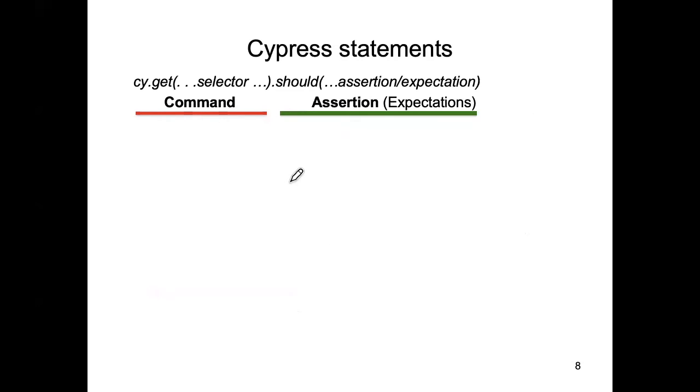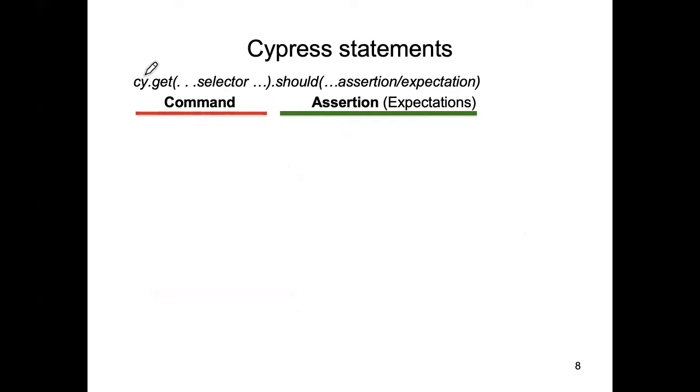So what you saw on the previous screen was a number of Cypress style statements, and they all have this structure to them. There's the command part, and then there's the assertion part, where the assertion part is actually optional. Many of the statements only have the command part. And the command part always begins with cy.